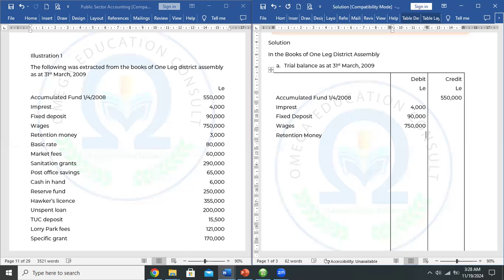So out of the 200 million Ghana cedis, the government can decide to withhold, say, 50 million Ghana cedis, with the condition that until work is completed, that amount of money is not going to be paid to the contractor.